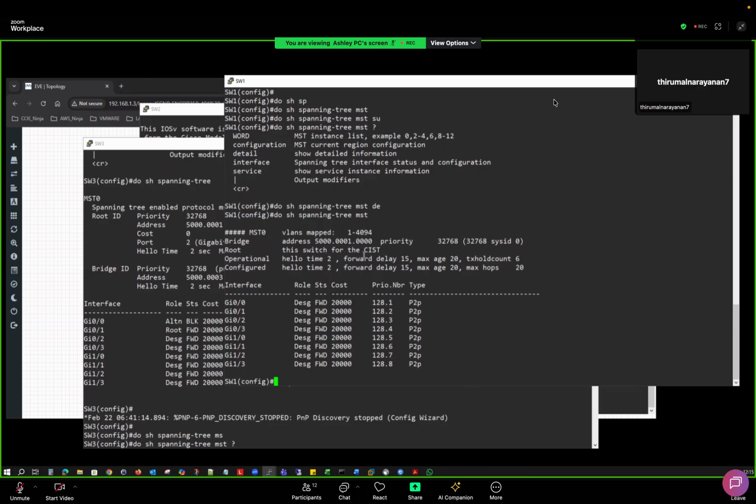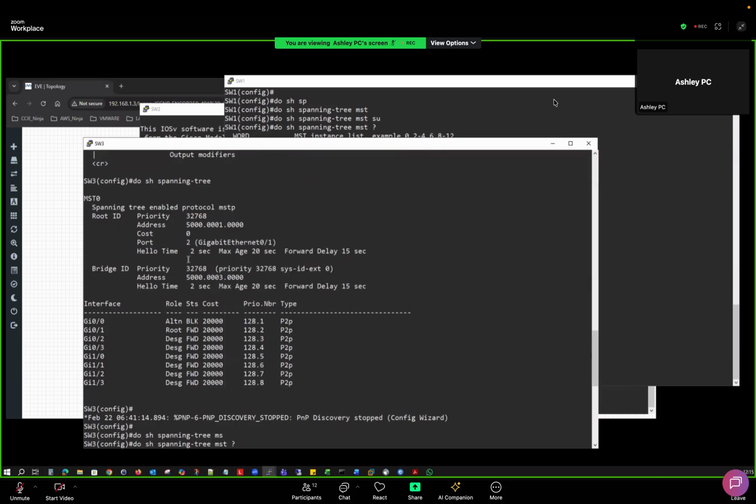CIST is the interoperability between MST and other instances outside of the region. That's why it is shown as CIST, common internal spanning tree. Why is it not showing on the other switches? Because it is not a root bridge. Who is the root bridge?